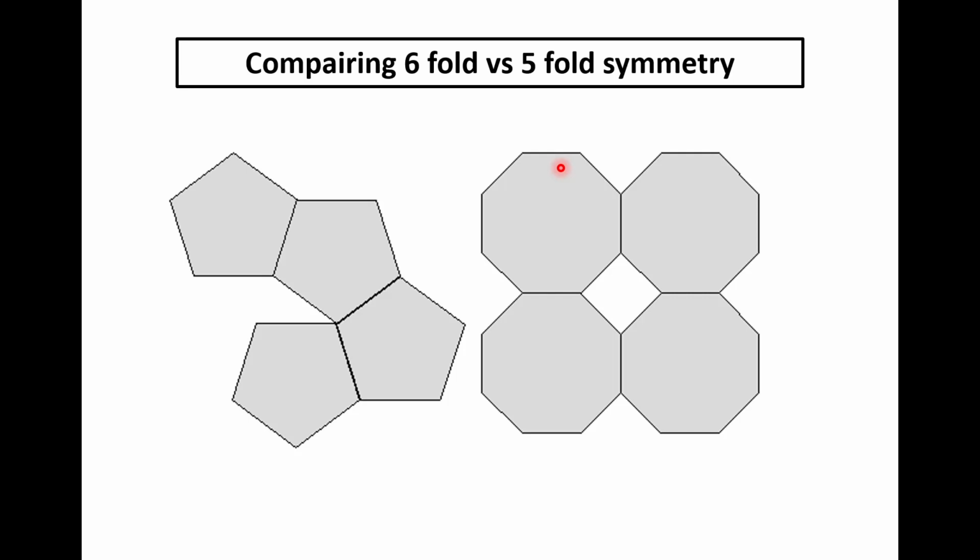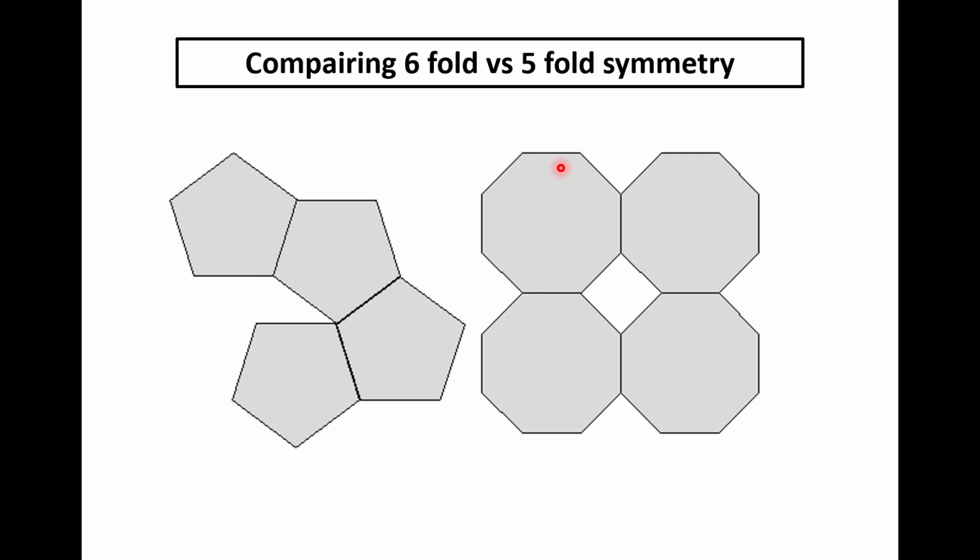Then people wondered why that is so. One of the reasons people have put forward is that in six-fold symmetry, the spaces between each unit cell are very minimal compared with other folds of symmetry, like five-fold or four-fold symmetry.